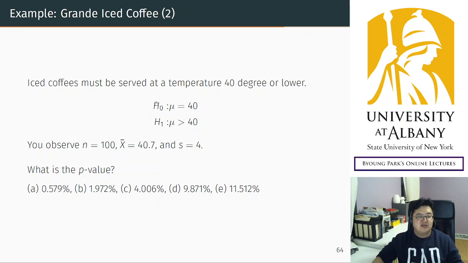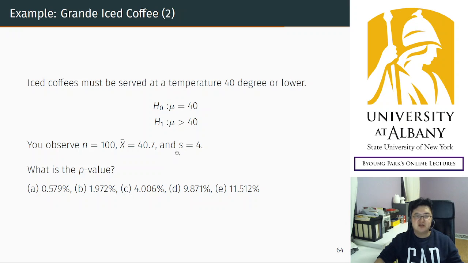Right? And here, suppose that you visited 100 coffee shops and you measured their iced coffee temperatures and you find the sample average was 40.7 degrees, which is again slightly higher than this cutoff standard. So then is it a problem or not? Is it a problem or is it a random error? That's our question.